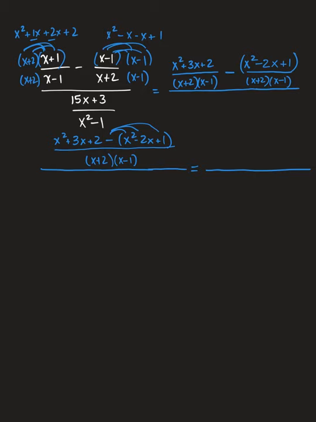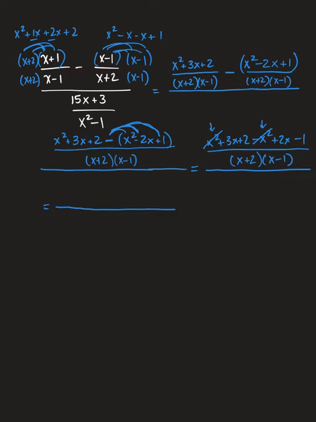So now we'll distribute. The x squared plus 3x plus 2 remains unchanged. We'll have minus x squared, negative times a negative 2x is a positive 2x. Negative times a positive 1 is a minus 1 all over our x plus 2, x take away 1. Okay, so we have the x squared, take away x squared, that's going to sum to 0.